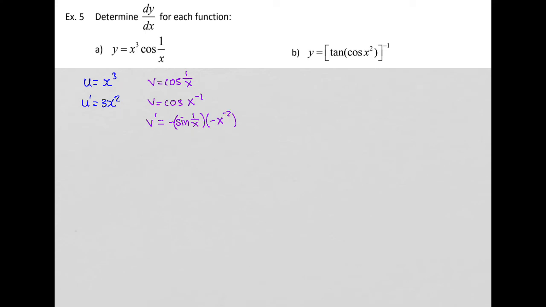Now, let's put them into the product rule. So u prime times v plus u times v prime. V prime, because there's a negative, it will become a positive. So I will just write x to the power -2 sine 1 over x. Now let's simplify it.